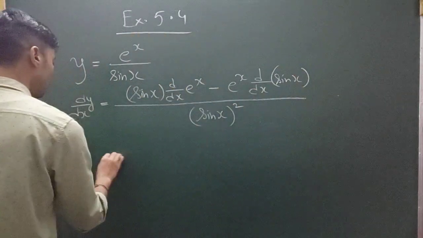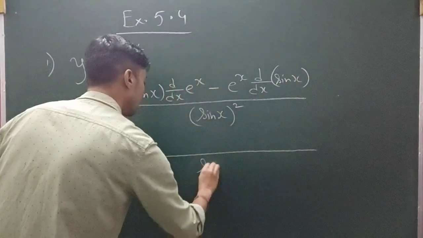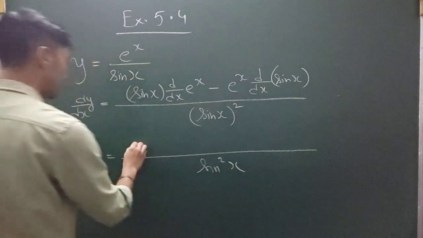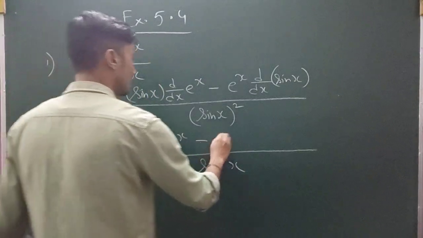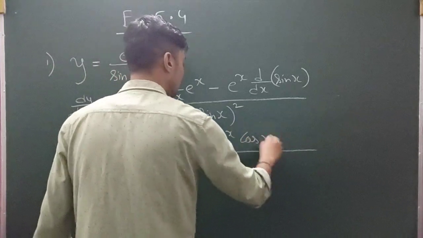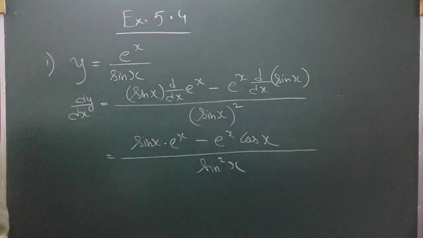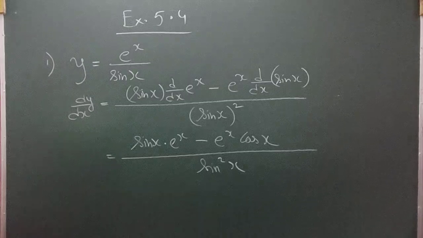So that will be simply sine square x into e power x minus e power x into cos x. E power x we can take common if you wish. So e power x times sin x minus cos x divided by sine square x.